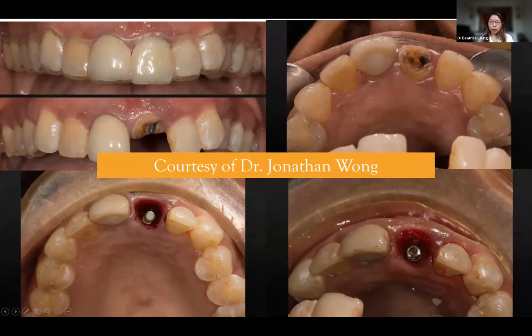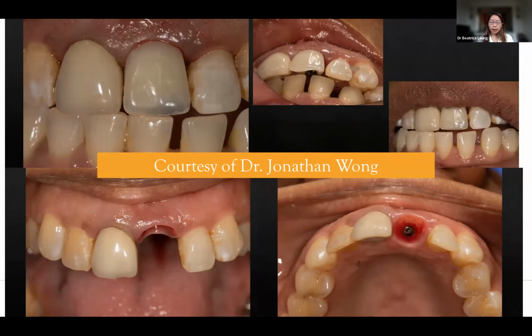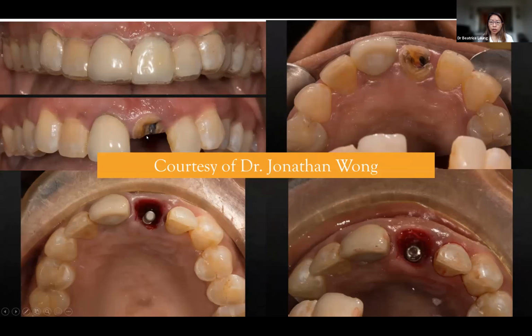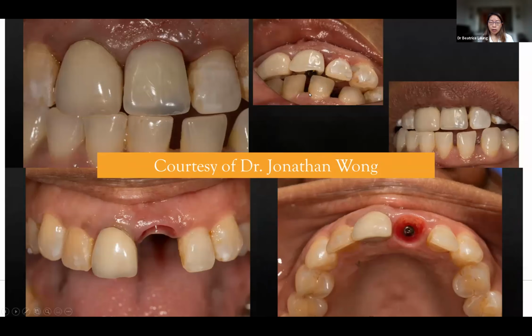Okay, so this is the same case that I showed before, where the tooth was extracted, implant placed, and then they grafted the area, and then Dr. Wong used the extracted tooth to make the temporary implant crown and make sure that it's out of occlusion.